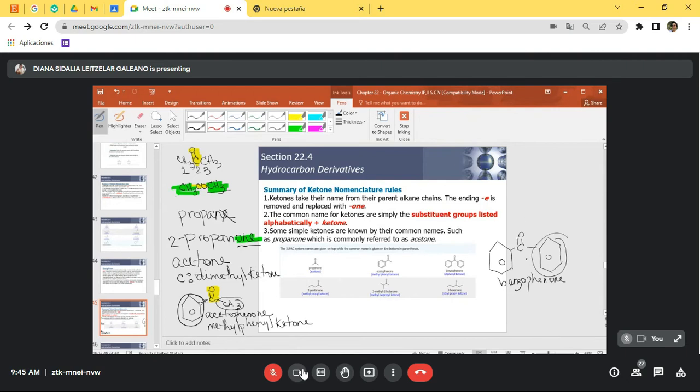No, ketone es con el double bond, con el carbonyl. ¿Este se llama? Acá lo acabamos de ver. Phenyl. And the one on the other side, phenyl. So the name is diphenyl ketone.